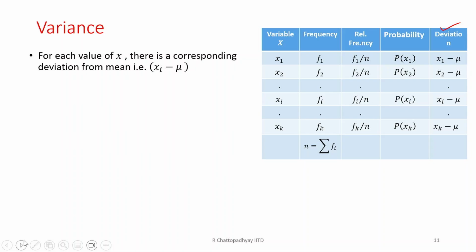So we have to calculate the deviations. The deviations are shown here, x1 minus mu, x2 minus mu. These are the corresponding deviations. But we all know the deviations could be positive or negative, and if we want to find the total deviation, it may work out to be finally 0, because some deviations will always be positive, some negative, and the sum total is going to be 0.